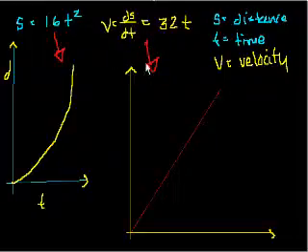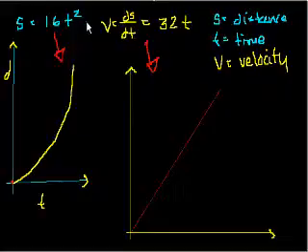And if you view it the other way, if you had the velocity, its antiderivative is distance, although you won't know at what position the object started. In this case, the object started at position 0, but it could be at any constant, right? You could have started here and then curved up. But anyway, let's just assume we start at 0. So the derivative of distance is velocity. The antiderivative of velocity is distance.